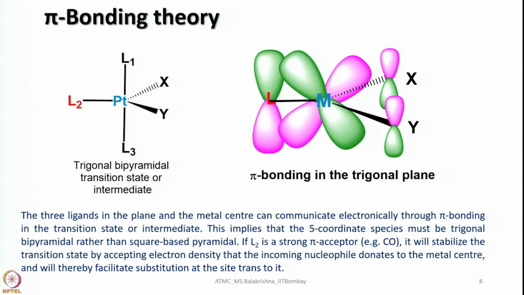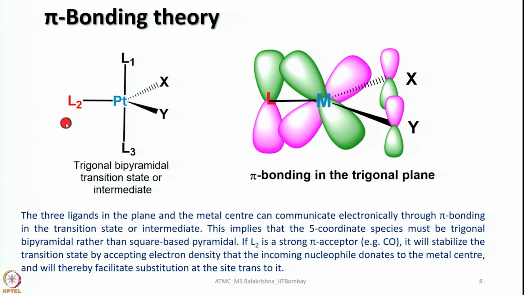Here I have again written this trigonal bipyramidal transition state or intermediate. If we have a ligand here capable of back donation from the metal, and we consider one of the orbitals, say dxy, it is the electron filled metal orbital that is ready for interaction with appropriate pi bonding orbitals on the ligand.